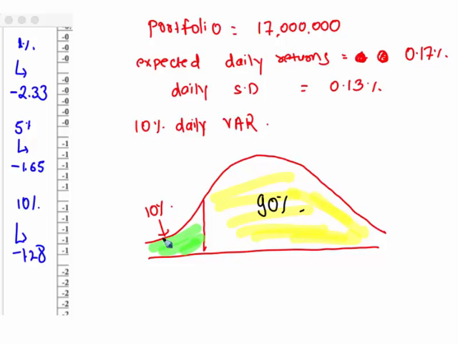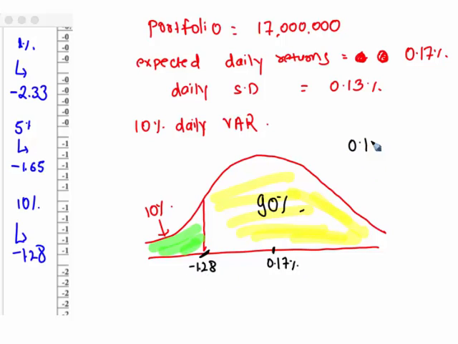So then for this, leaving this 10%, what is the appropriate Z value? How many standard deviations is it away from mean? We have already found it out. It is 1.28 standard deviations away from mean. What is the mean value? Mean value is 0.17%. So how much would be 1.28 standard deviations away?